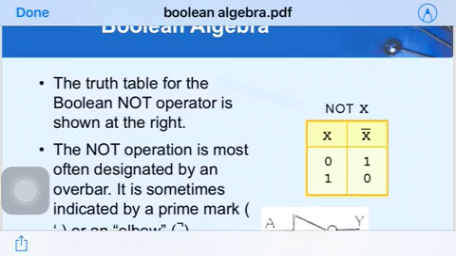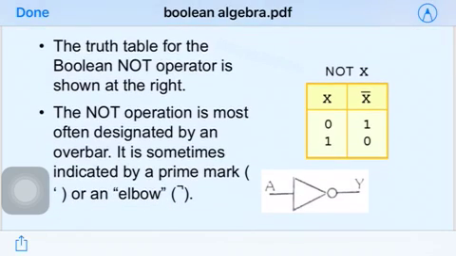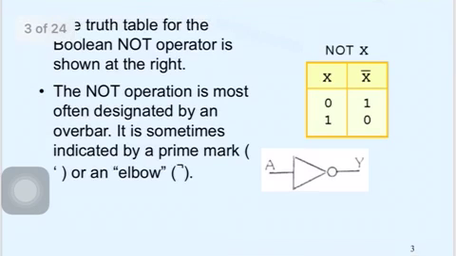Input value 1 gives the negation of it, that is 0. The logic gate for this is shown in the figure. A is the input, and there is a bubble on the triangle which says that Y is A complement.